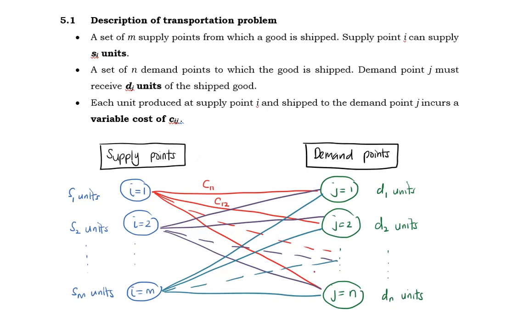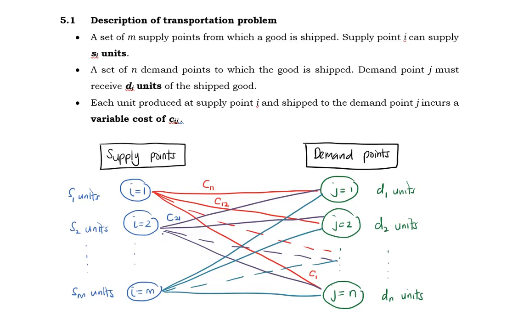And the cost to ship goods from the first supply point to the n-th demand point is c1n. c21 is the cost to deliver goods from the second supply point to the first demand point.